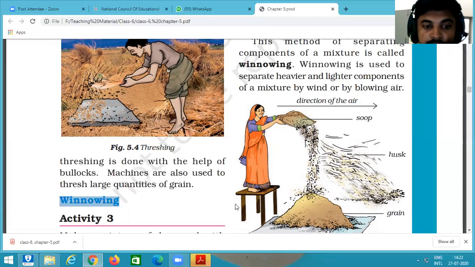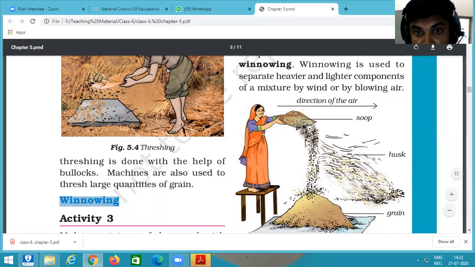In this technique, we stand at a little height on a stool or something else, and collect the grain mixture in a container or a plate. It is lifted to the height of our shoulders, and from there we tilt it and pour it onto the ground, keeping in view the direction of the air.